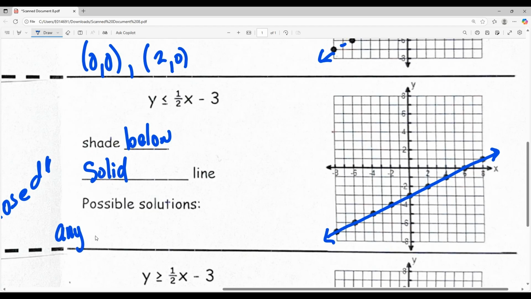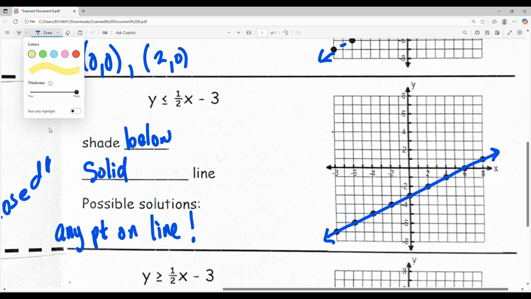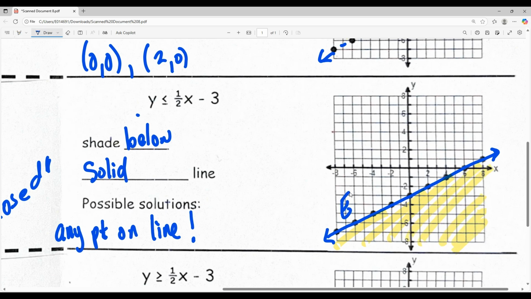Possible solution is any point on the boundary line, as well as any point in the shaded region. Since we said below, we want to shade on this side. We want to shade the side that does not have my name. And any point in the region.